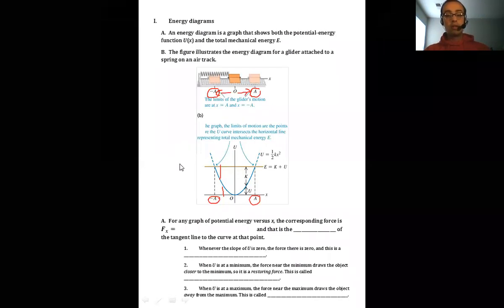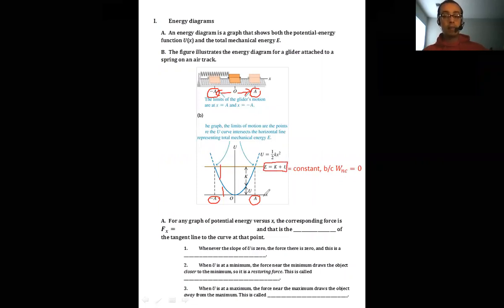The other important thing to note is that the total amount of energy, so this limit here, is going to be constant because there's no work being done by non-conservative forces, such as friction or somebody actually pushing this thing. And in theory, this glider should be able to bounce back and forth between these points forever.